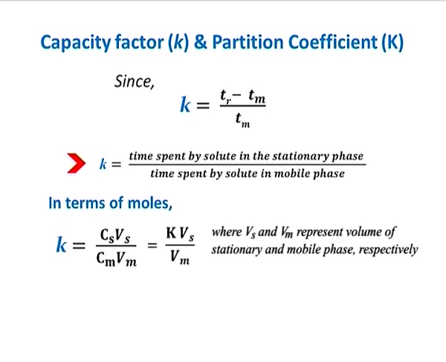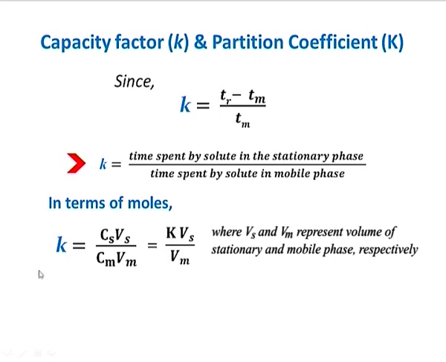So, this k would be equal to Cs Vs upon Cm Vm, where Cs and Cm are the concentration of solute in the stationary phase and mobile phase, and likewise Vs and Vm represent the volume of the stationary and mobile phase respectively. Now, in this equation, Cs upon Cm is nothing but capital K, which is the partition coefficient.